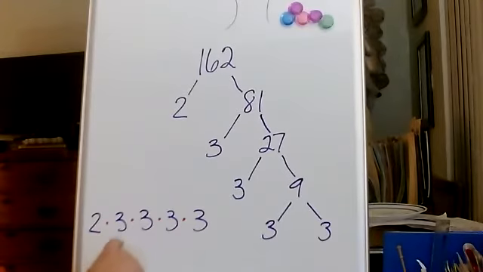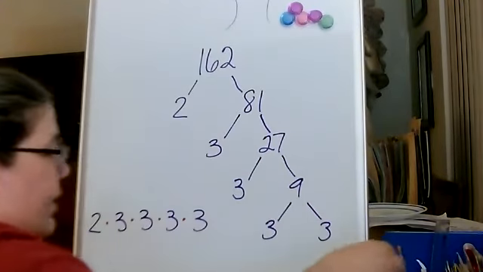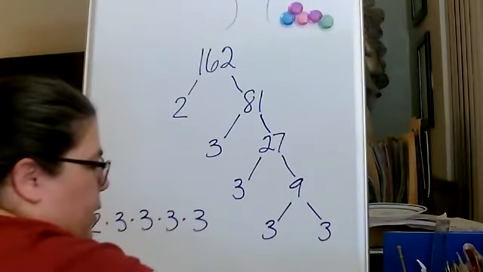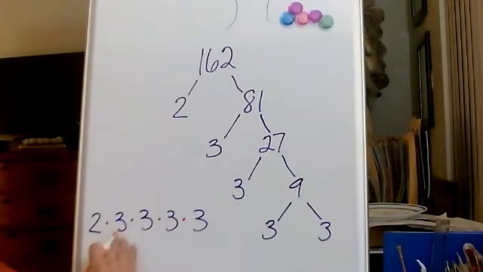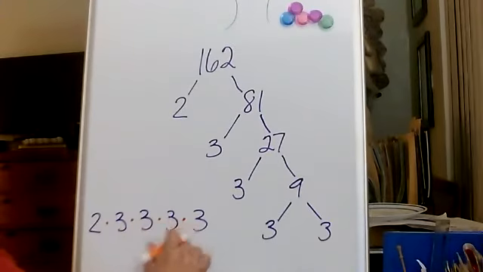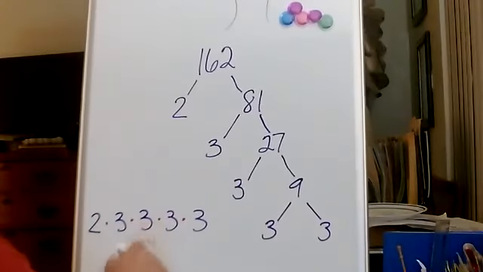This says 2 times 3 times 3 times 3 times 3. And what we're going to do is combine those multiples of 3 into one term that has an exponent. We're going to do that by counting them. 1, 2, 3, 4. It's 3, and we're going to have an exponent right there.